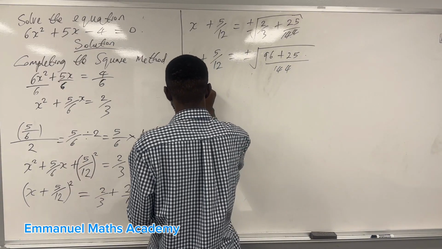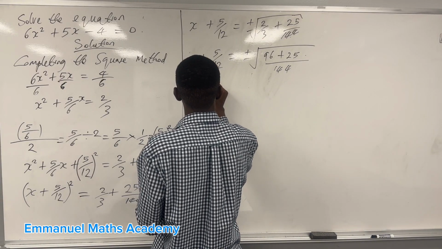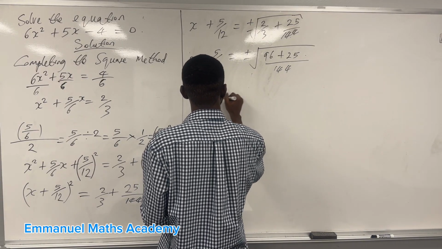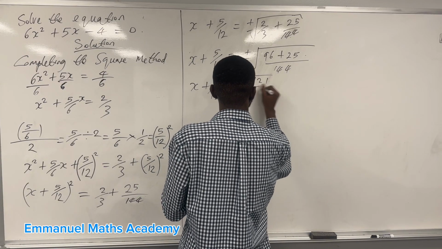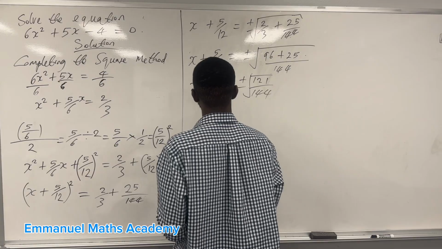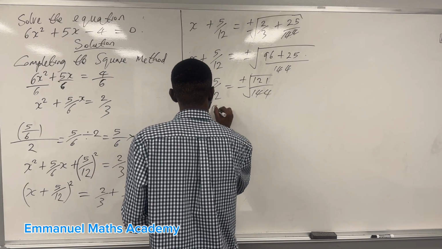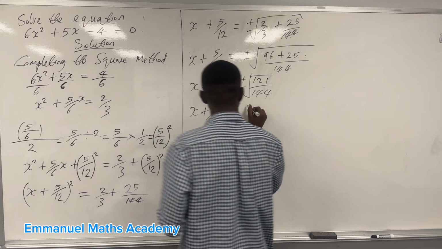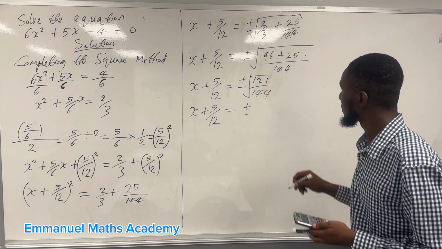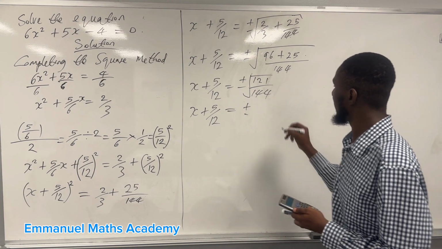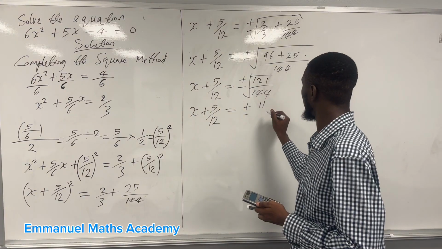Hence, we have x plus 5 over 12 equal to plus or minus the square root of 121 over 144. The square root of 121 will give you 11, right? And for 144 will give you 12.